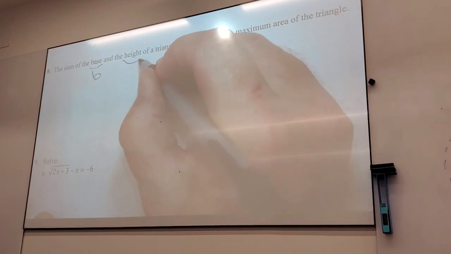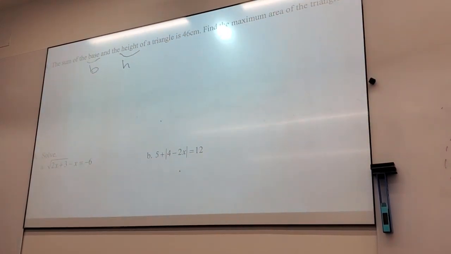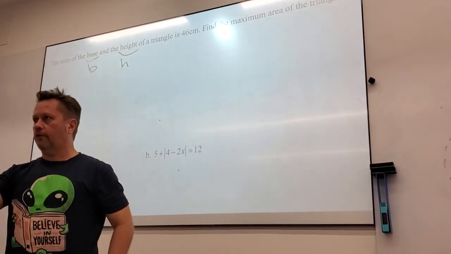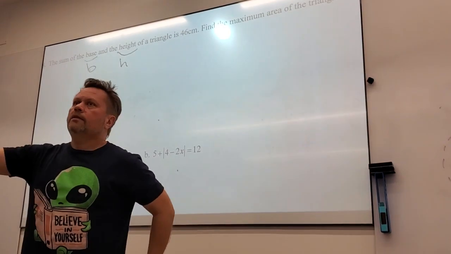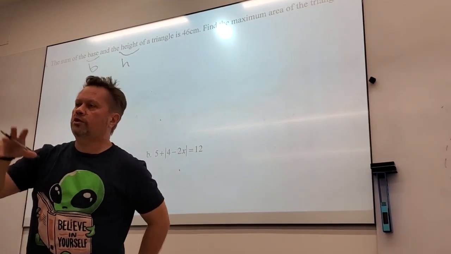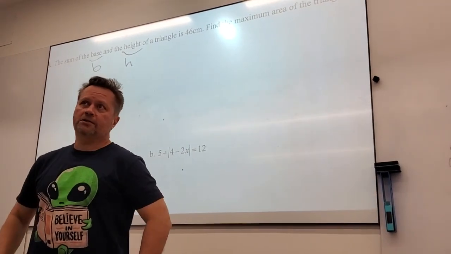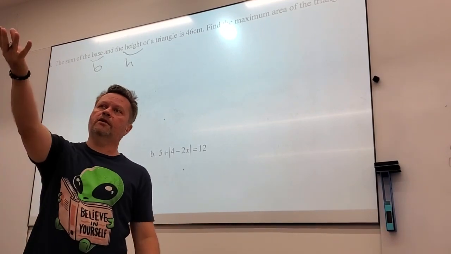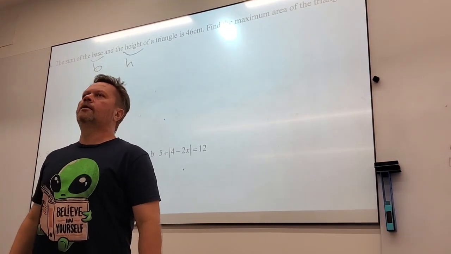What do you want to call the height? Okay. So you guys are all with me so far? You identify the parts of the problem you don't know and you give them variable names. By giving them variable names, I'm able to do stuff to them. If I knew the numbers, I could do stuff to the numbers, but I don't know the numbers, so I give them names and I do stuff to the names.